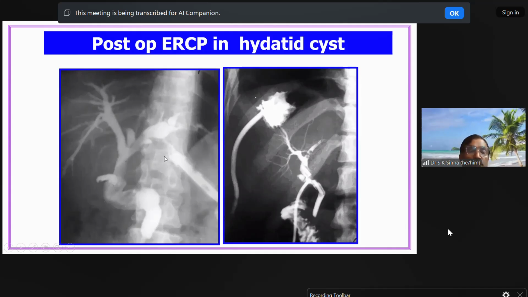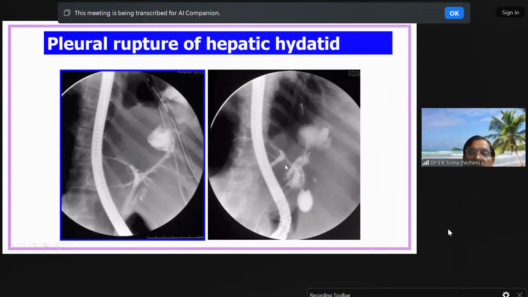So another post-operative patient. What we are seeing is a percutaneous drain, and lots of filling defects in the bile duct. Again, very, very irregular, not taking any particular shape or size. So again, it is membrane which is lying there, and that is the cavity which is getting filled. And this patient had rupture into the pleural space.